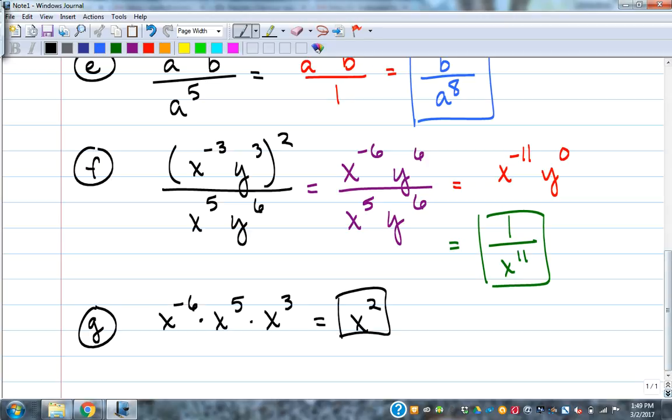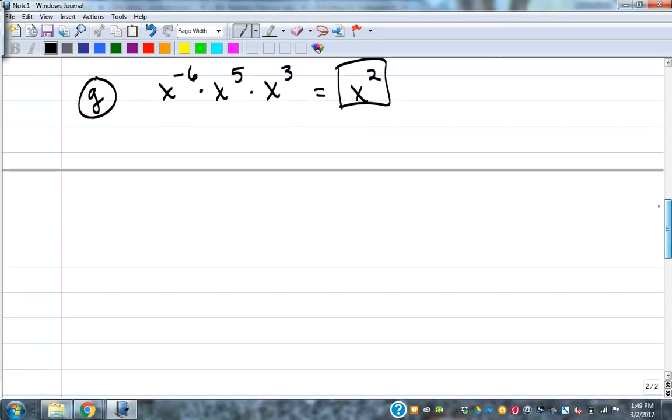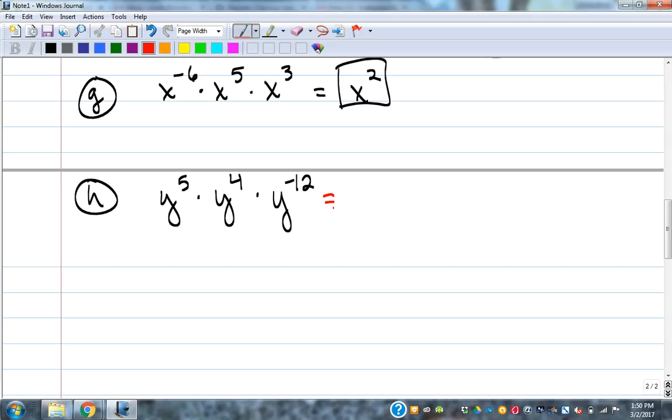Okay. So far, pretty easy. Let's say we had y to the 5th times y to the 4th times y to the negative 12. Maybe not as easy, but still not very difficult. Say that again.